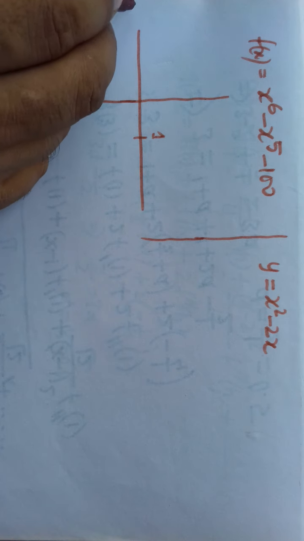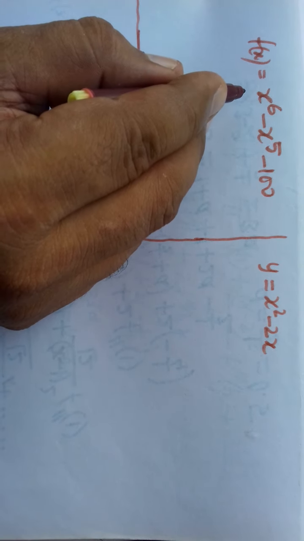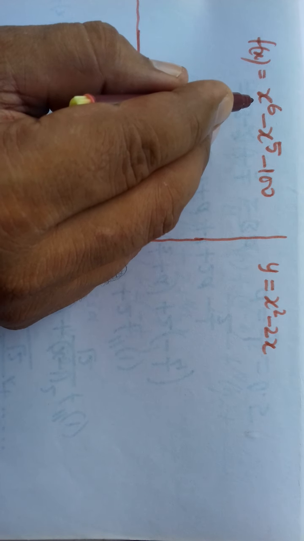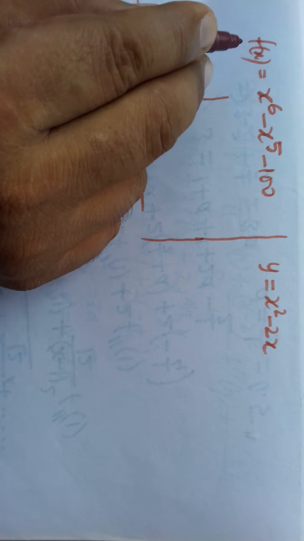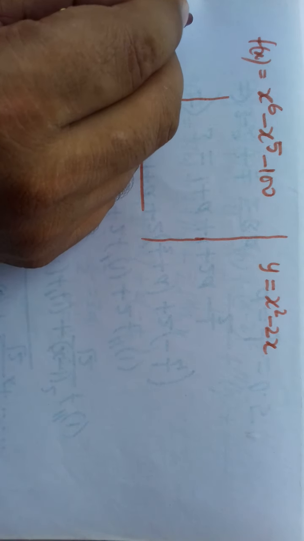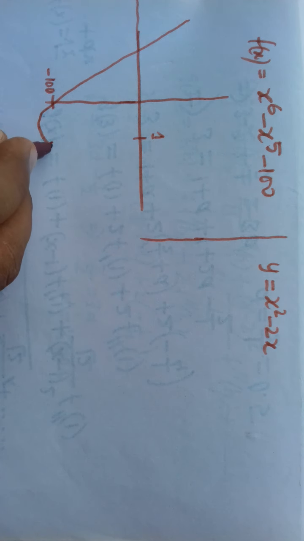At x equal to infinity, f(x) is infinity, and at x equal to minus infinity, f(x) tends to plus infinity. So the graph will be approximately like I draw.